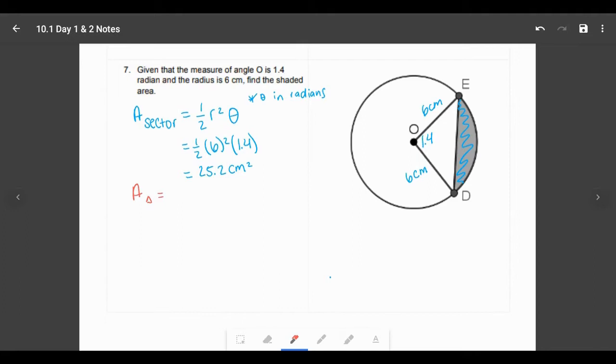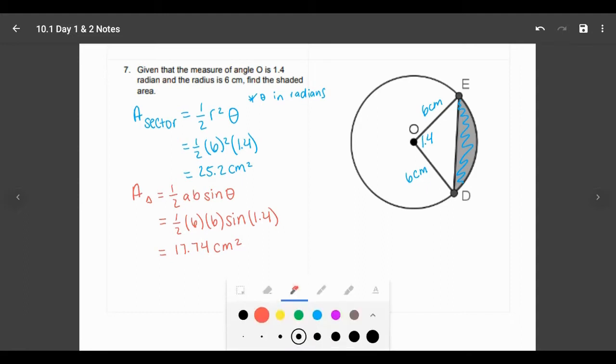And remember that new formula we learned yesterday was 1/2 times the two sides times the sine of my angle. And this triangle is side angle side, so we are all set to go. And so when I plug that into my calculator, this one I will round to 2 decimal places. We get 17.74 centimeters squared.